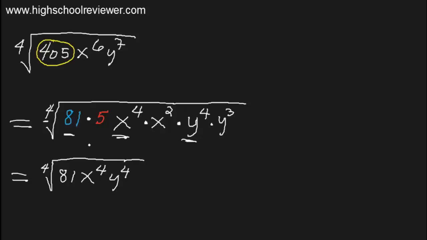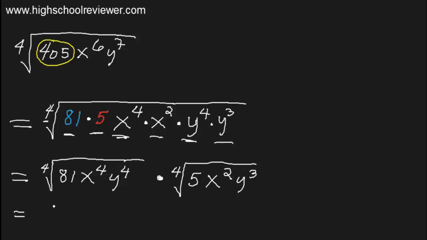Okay, so we will just rewrite this longer statement. So we will multiply this by the fourth root also. So take note, we are going to multiply that by the fourth root also. So what are we going to put inside these radical symbols? Those that are left behind. So we have 5, and then we have x squared and y raised to the third. Okay, so we can now simplify.